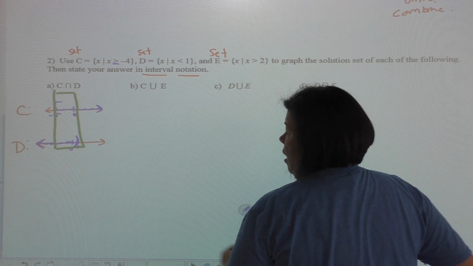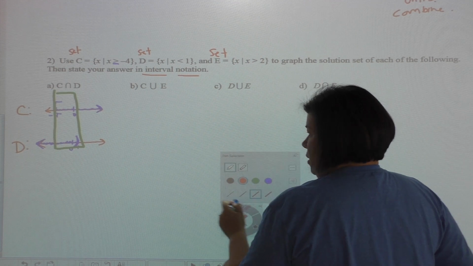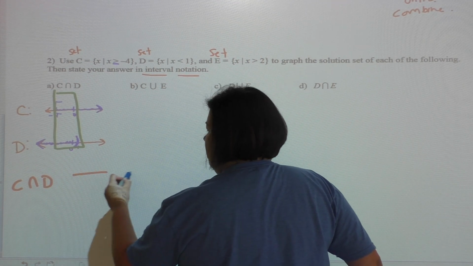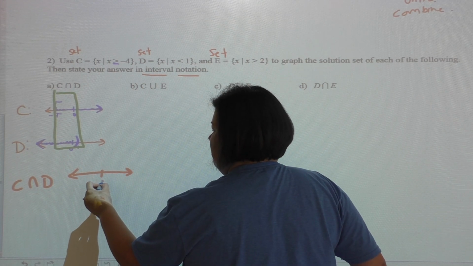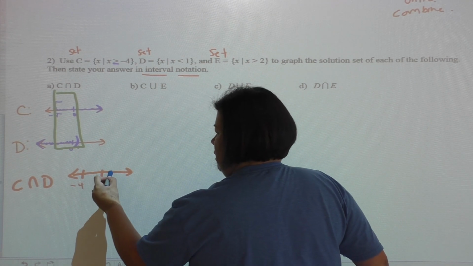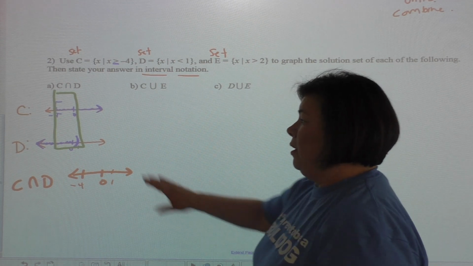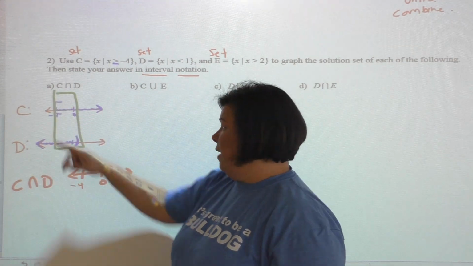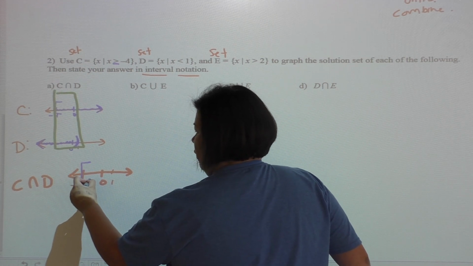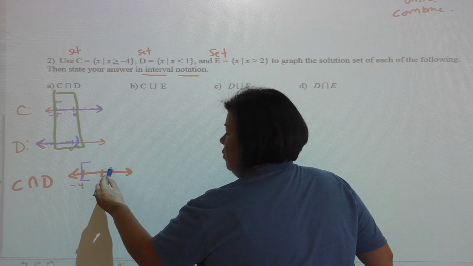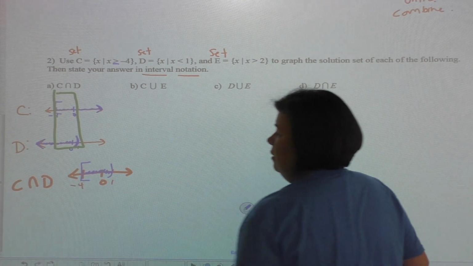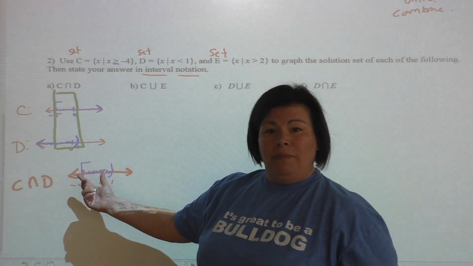So if I were to draw where they both intersect, set C is intersecting with set D, here's 0, here's -4, and here's +1. So I want to grab everything that I graphed from -4, which by the way was an actual bracket at -4, and unfortunately it does not include 1, so everything up to that was shaded.